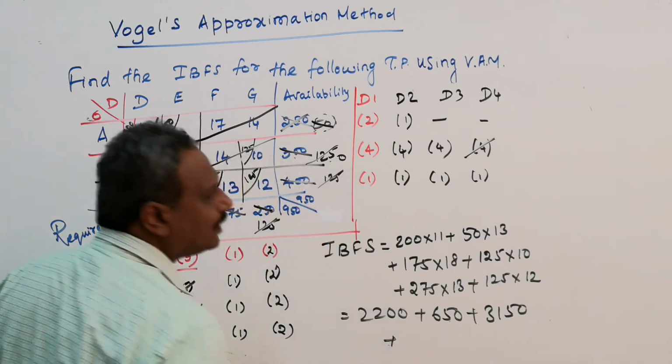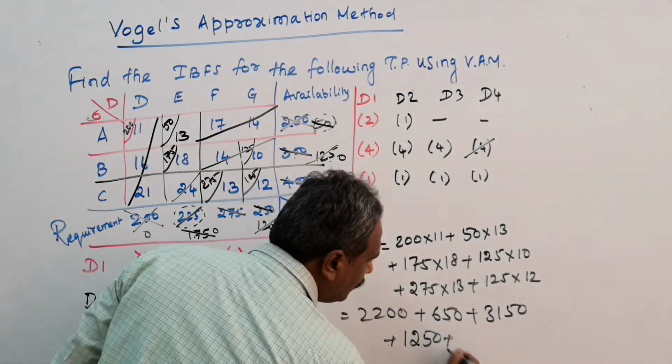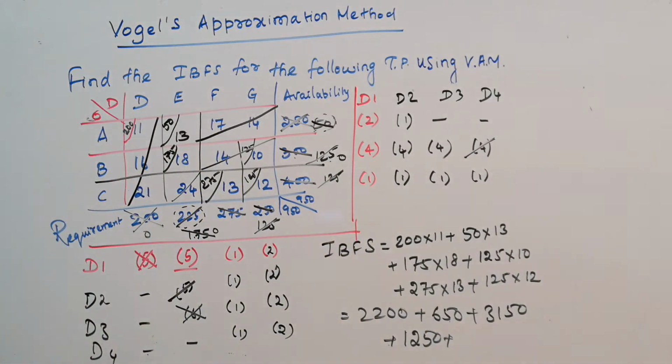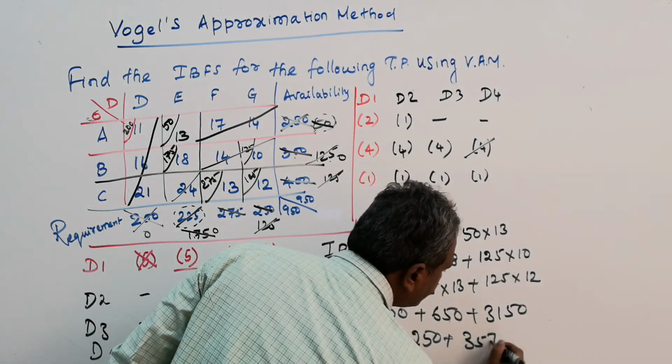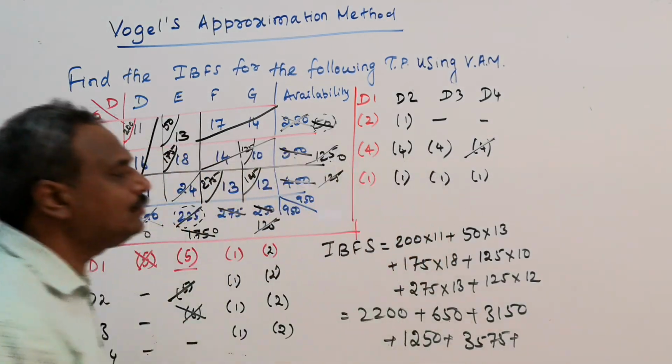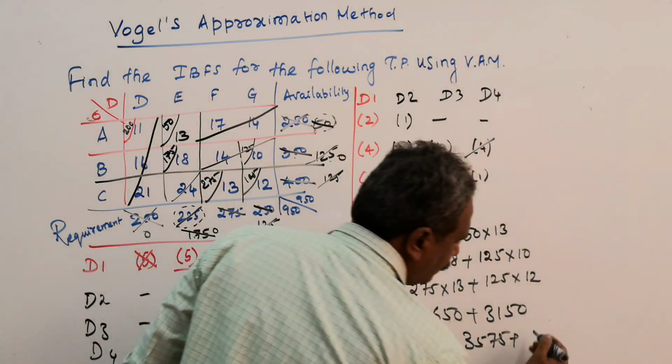Plus this is 125 into 10, 1250. 275 into 13, 3575. 125 into 12, 1500.